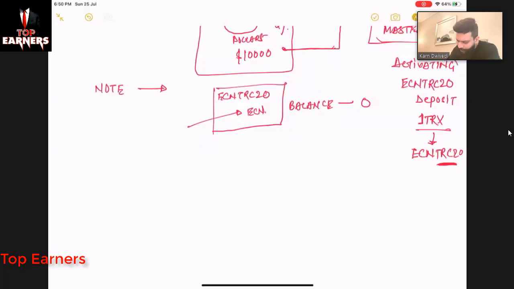But let's say because of lack of training and lack of information, and sometimes everybody is not available, you have deposited ECN before and your balance is showing 0 because your wallet is not synced with the blockchain. You are not able to see the balance. Don't panic. Ask your member, okay, no problem.